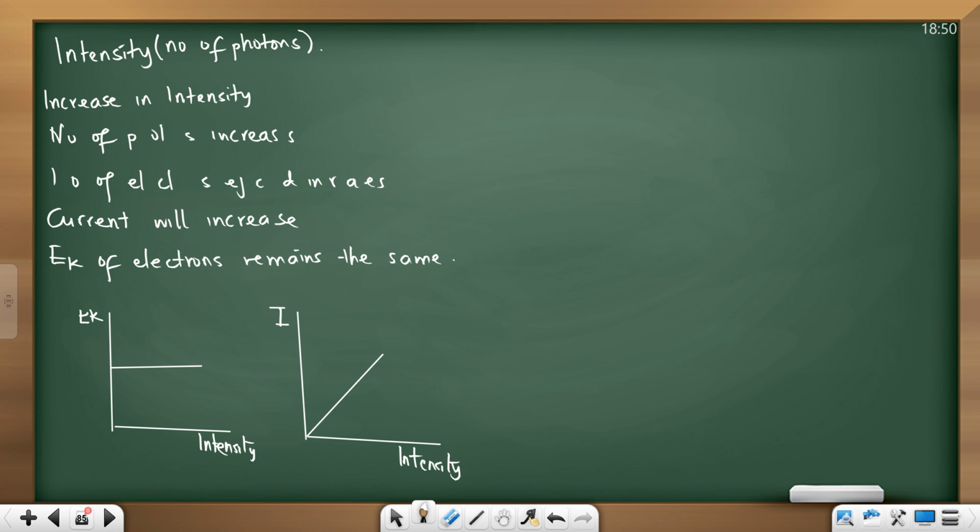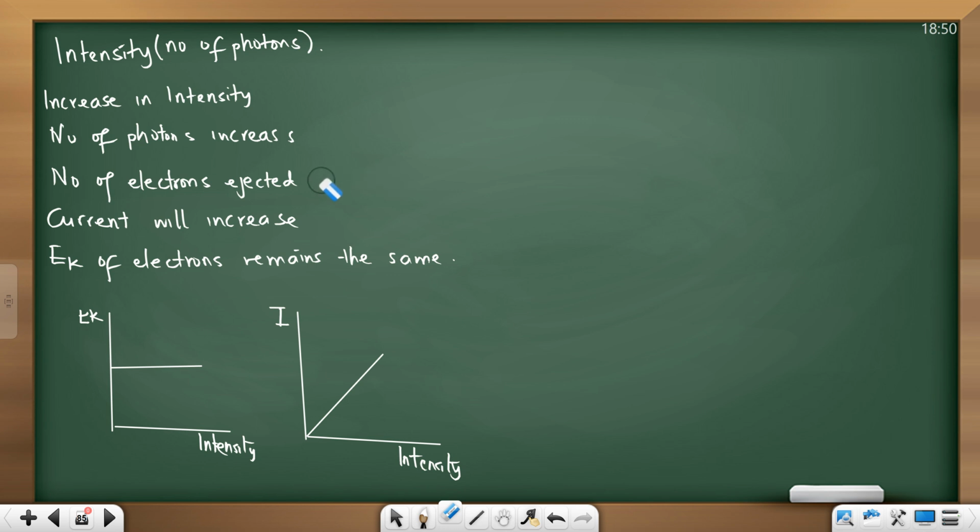Okay, what's wrong with my board? Why is it skipping? The word is vanished. Number of what did I write? Number of photons will increase. Number of electrons ejected. Let's add something to that.